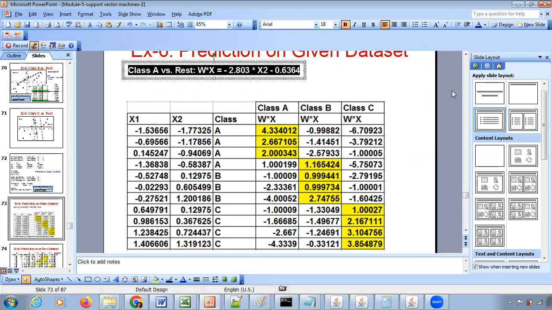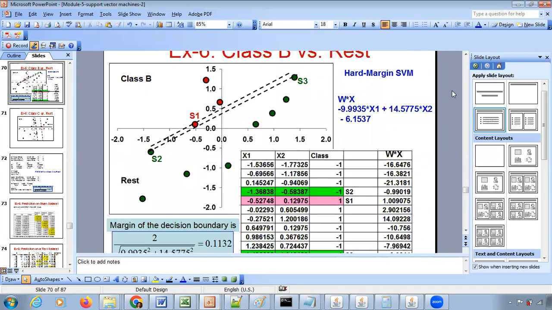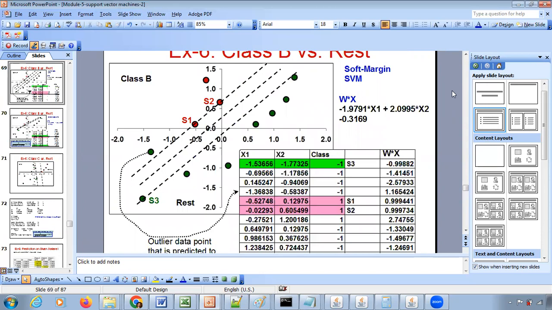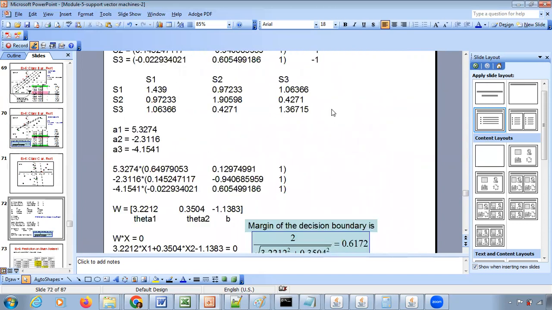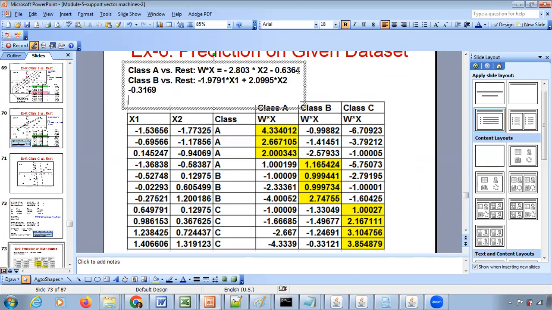We can do a similar thing for class B versus rest, and we'll use that soft margin for class B. So this is class B, this is the rest. And then for class C, this is the rest.